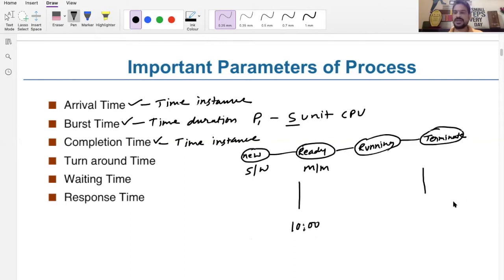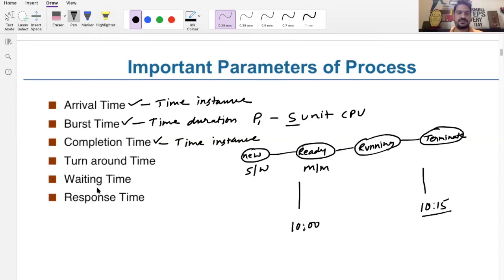What is the completion time of that P1? Assume it will be 10:15. So it takes 15 minutes across all these states. What is the burst time? Burst time is 5 minutes, or 5 units. So the completion time is this one. Completion time is not a duration. When a process reaches the terminated state, that is called completion time.